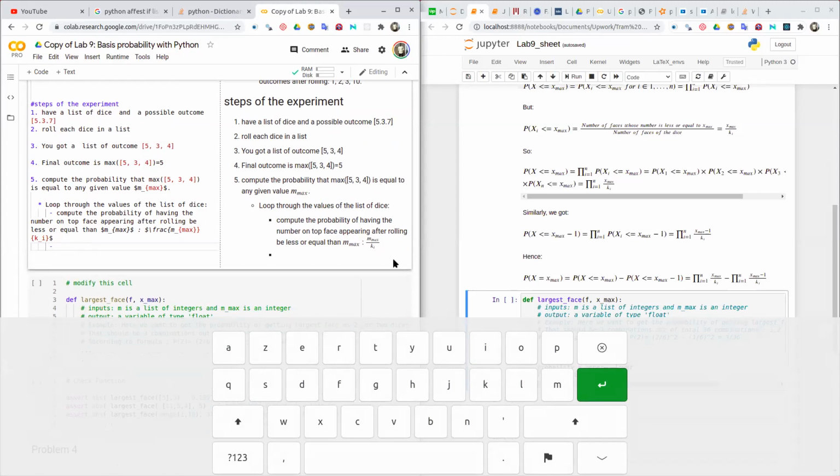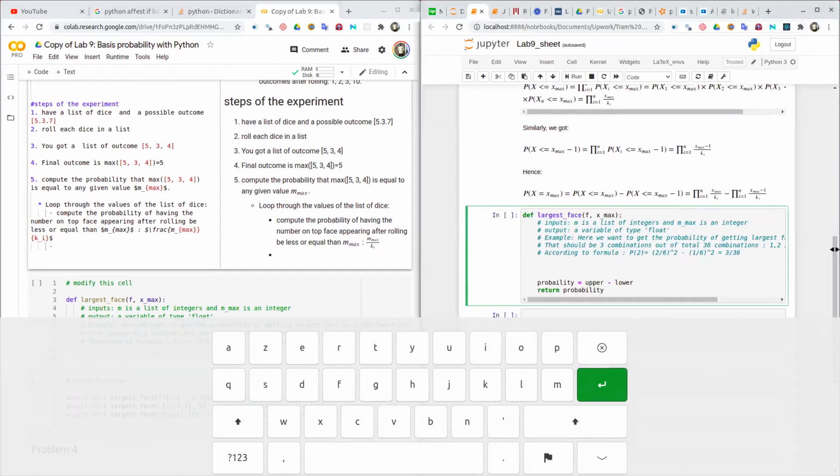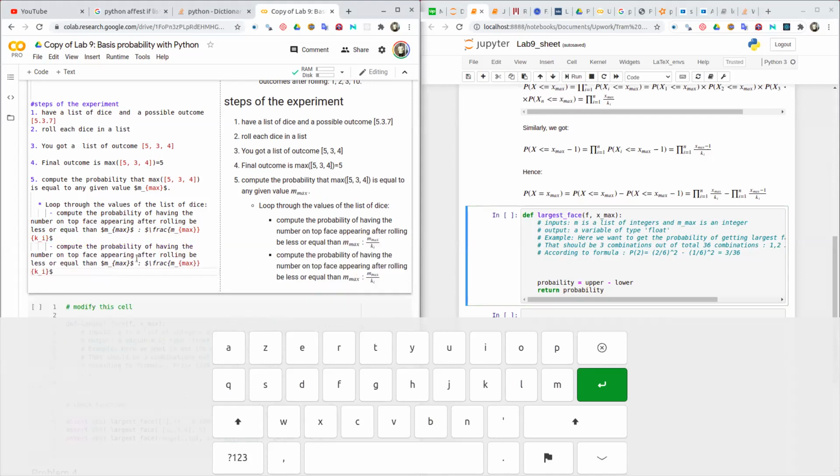Okay. After computing this probability, you should compute the second probability of having the number of faces after rolling be less than or equal to M max minus 1.